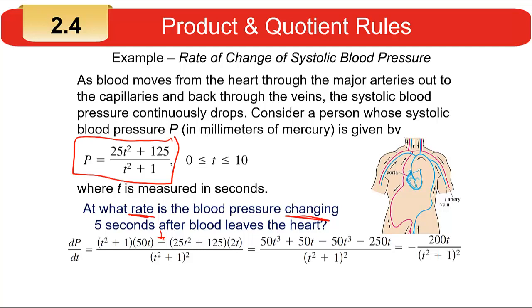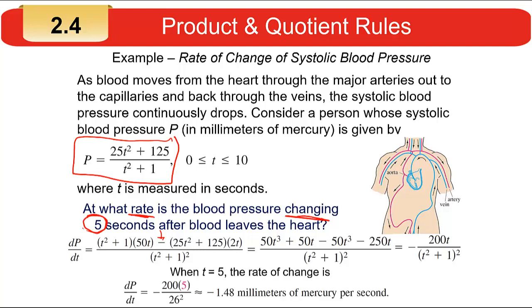Simplifying the numerator, you'll get negative 200t over the quantity t squared plus 1 squared. That's the derivative. The question asks about what happens when t is 5. So all you need to do is plug 5 in, and you'll find out that the answer is negative 1.48. And again, they said that was in millimeters of mercury per second.